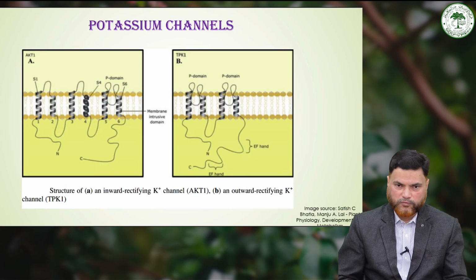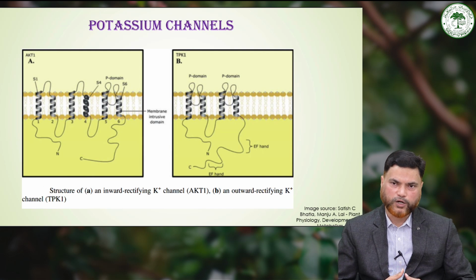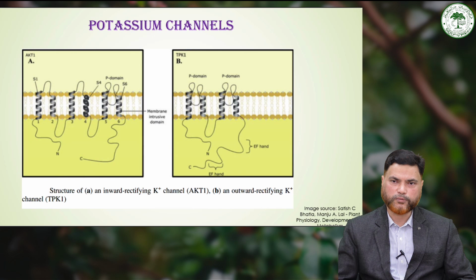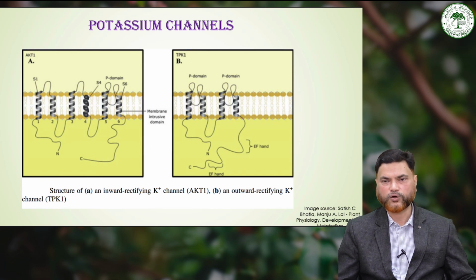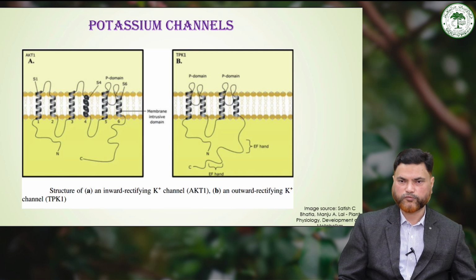Now this is the slide showing what the different types of potassium channels are. Generally these potassium ion channels permit transport of ion only in one direction. So distinct categories of ion channels facilitate inward and outward currents, with channels exhibiting rectification responsible for this one-way flow.